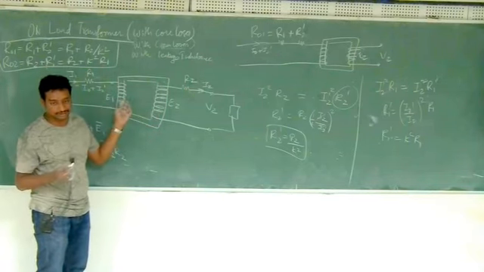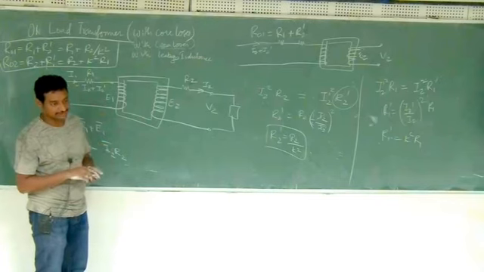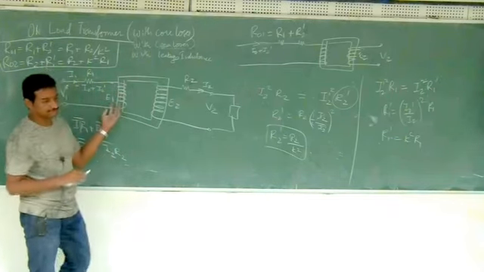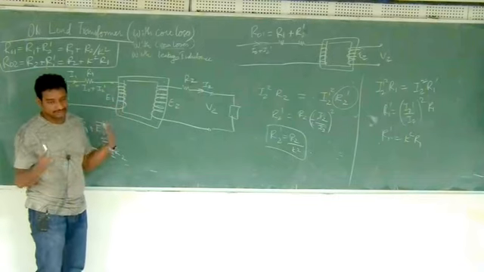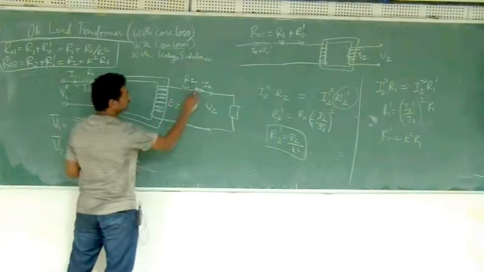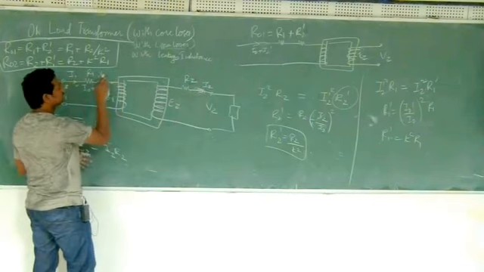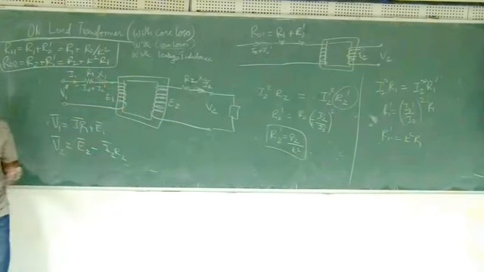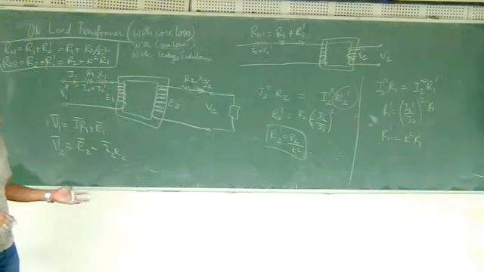Some of the flux is not linking. Some of the flux is only interacting with this one. So just to model that, we introduce another inductance outside. This is called X1, this is called X2, and the same calculations will apply there also.